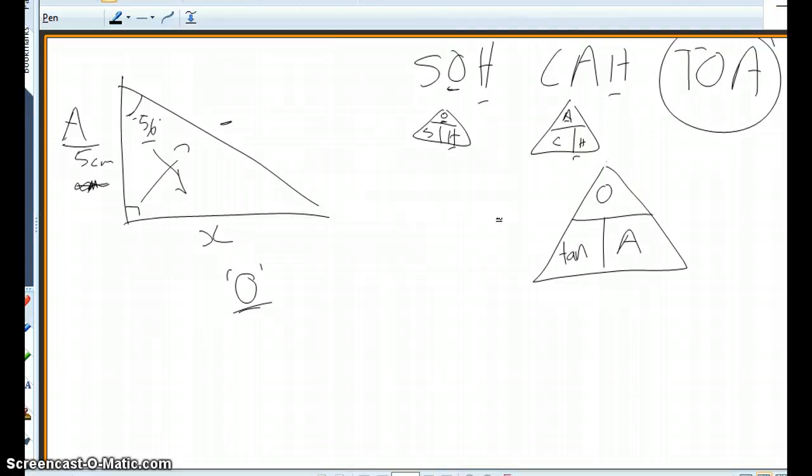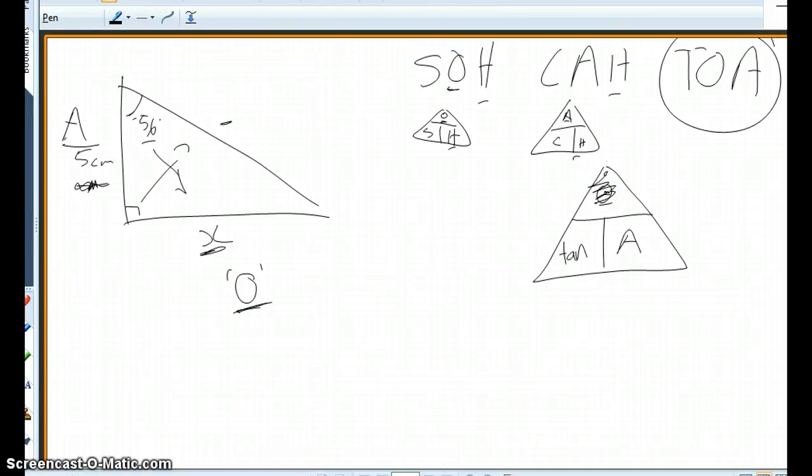Okay, third step. What do I do? I solve the problem. That's true. How do I solve the problem? Brilliant. The one I'm trying to find is the X, which happens to be the O. So I've scribbled it out, right?